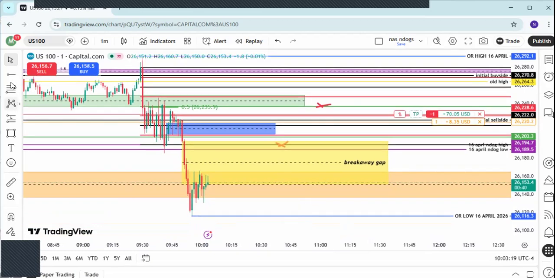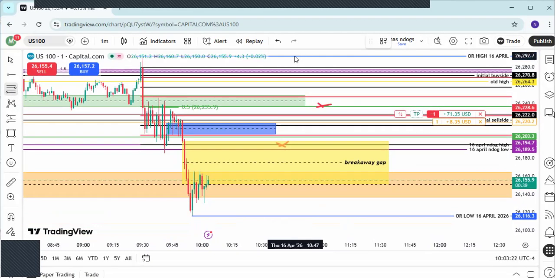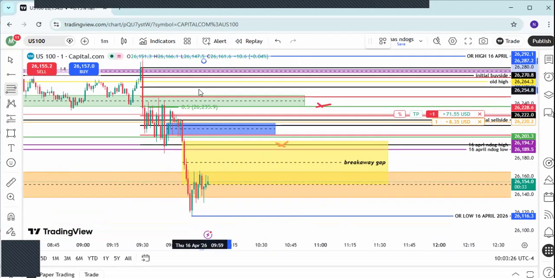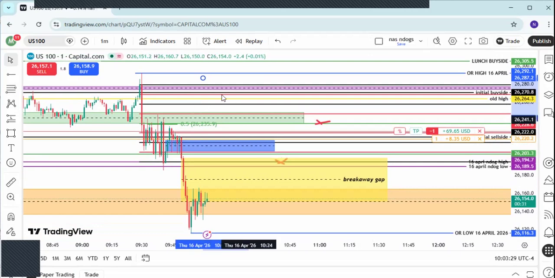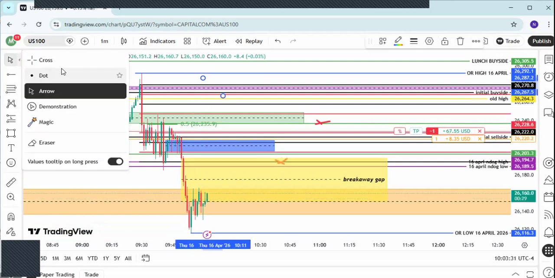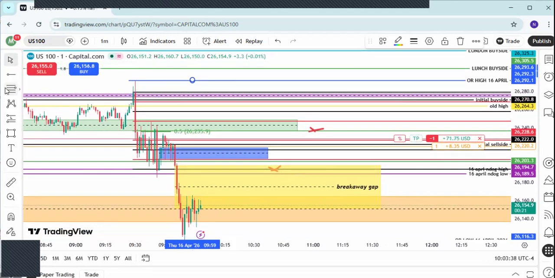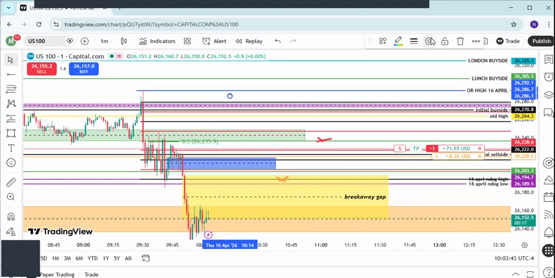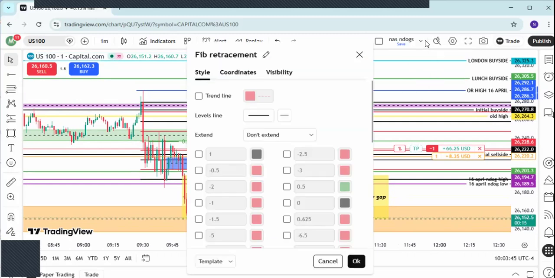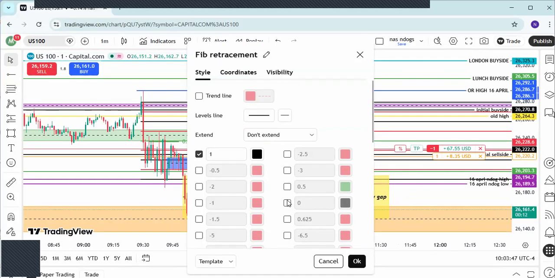Because if it's really bearish, what do you wanna see? You wanna see this high. Okay, let me do this. I'm gonna put 0.25.